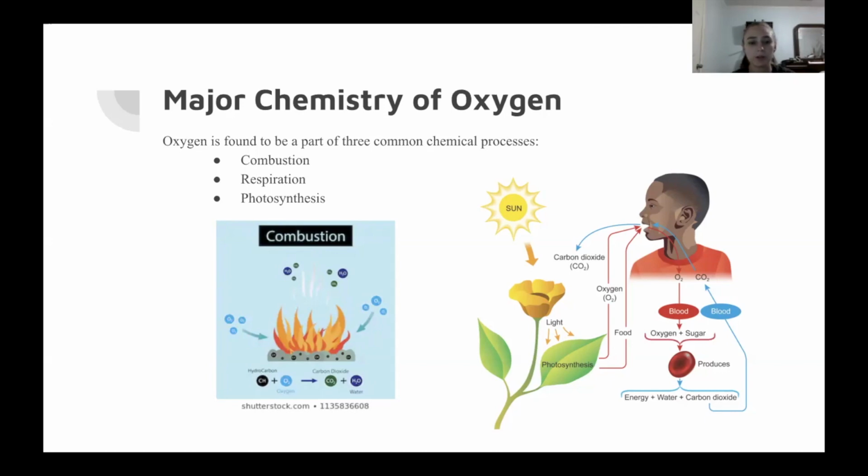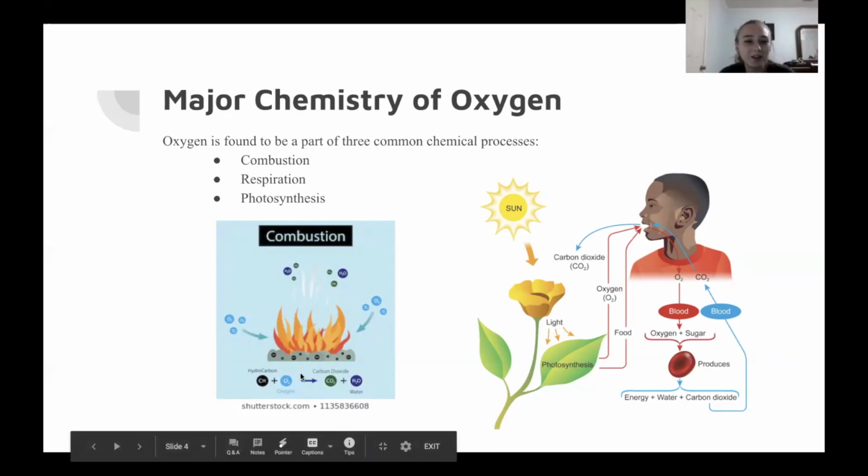And then once it's out of oxygen, it goes back into the lungs and gets replenished again. And then with photosynthesis, plant cells use CO2 from the environment to produce O2, or oxygen, as a byproduct, which is the oxygen that we breathe.